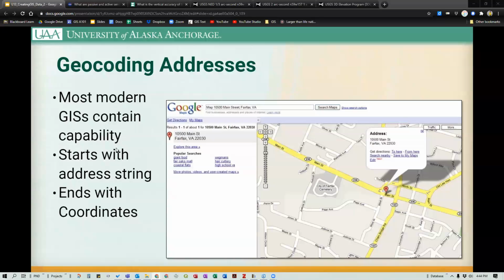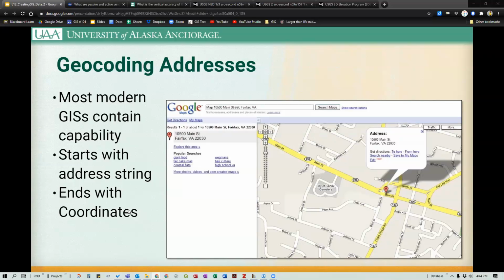So that's your address string, and then it will output coordinates. And if you do it in ArcGIS Pro, it will also plot those coordinates for you. Or there are online free sites out there that'll do the same thing for you. You can input lat long or XY coordinates, and it will spit out addresses for you.